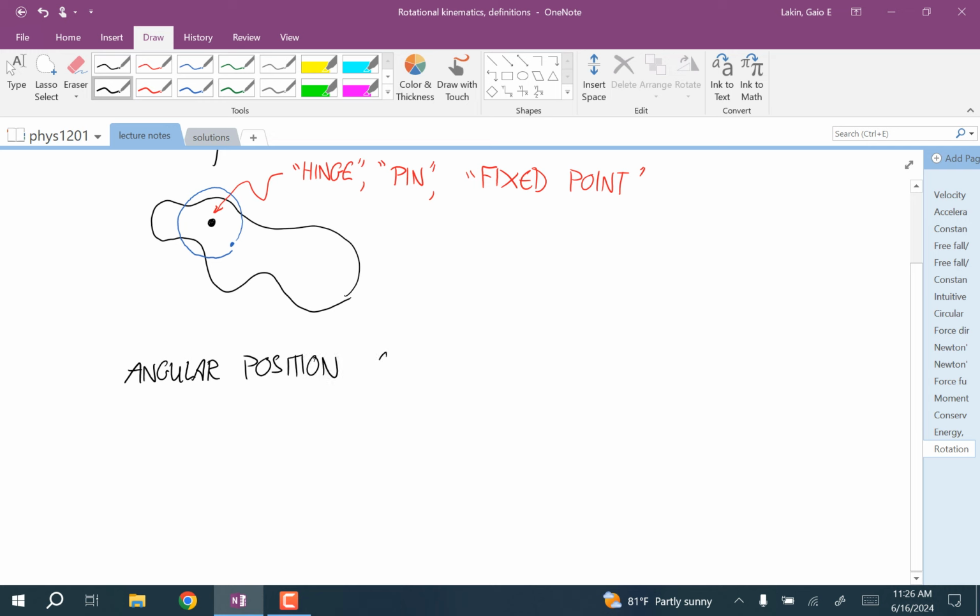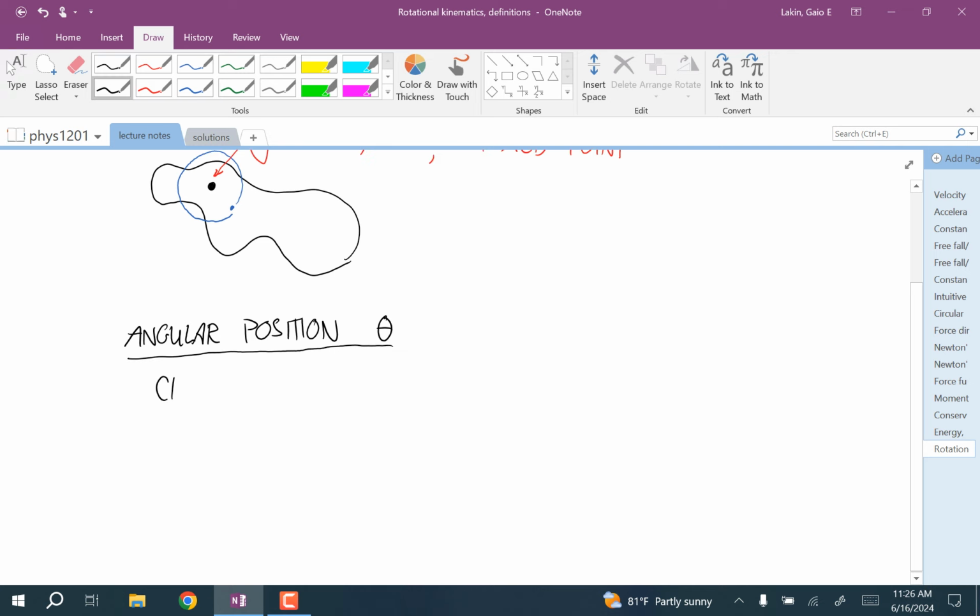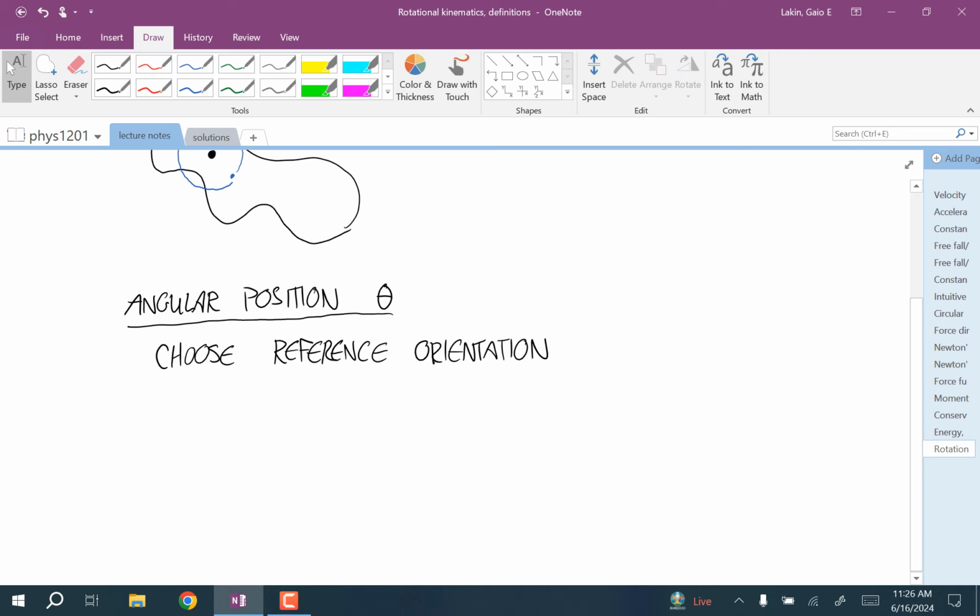And I'm going to use theta to represent the angular position. And to define a body's angular position, you have to choose a reference orientation of the body. And then at a given instant, you measure the angle from the reference orientation to its current orientation.